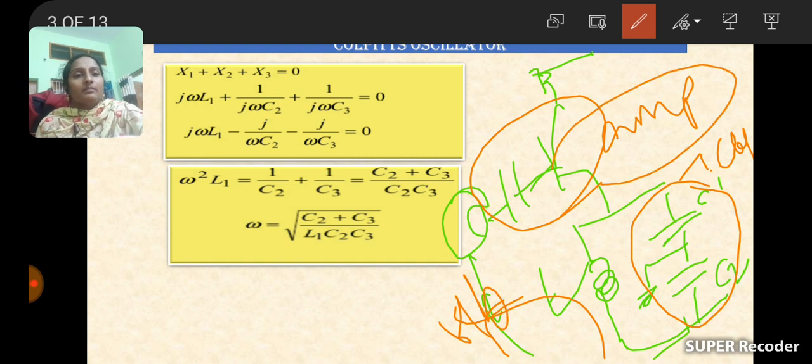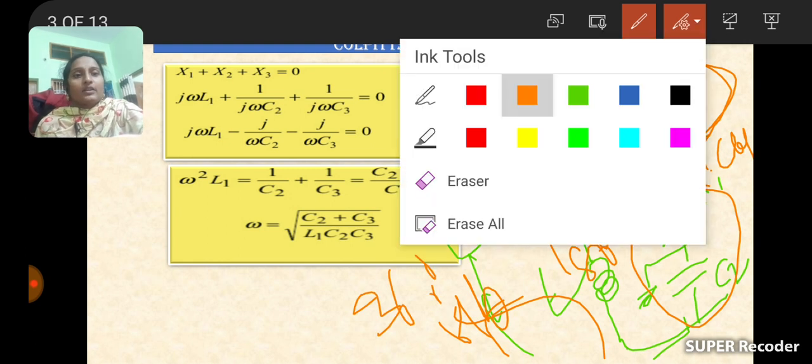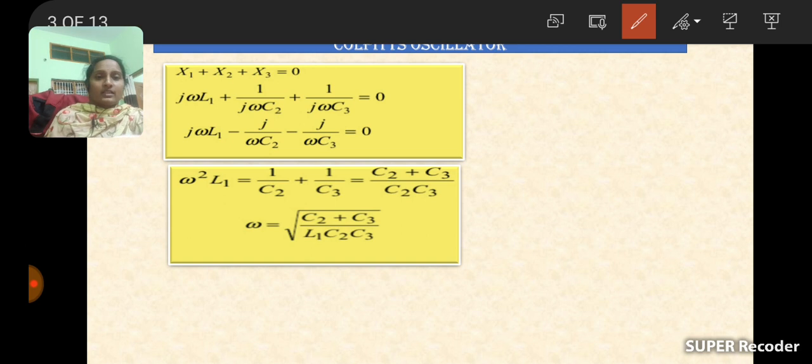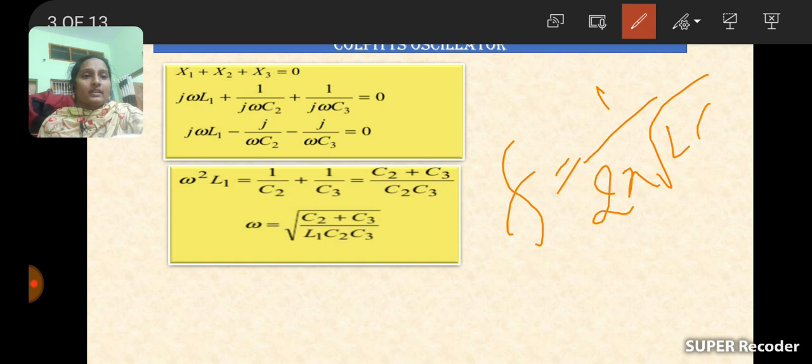Here, the amplifier is able to produce 180 degrees phase shift and the tank circuit is able to produce the remaining 180. A total of 360 degrees must be achieved, and the circuit starts to produce oscillations. In the frequency response of the Colpitts oscillator, F is equal to 1 by 2 pi root LC.